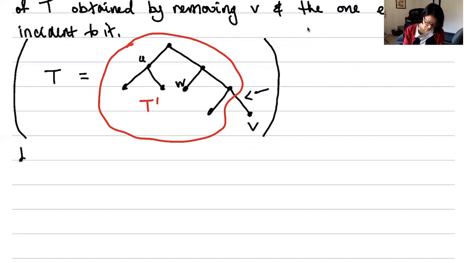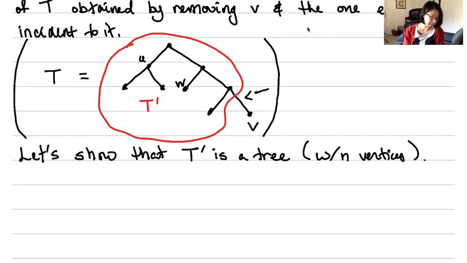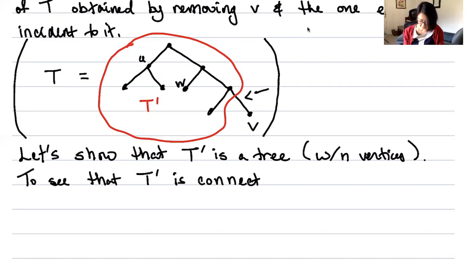So let's show that T prime is a tree. And we can see, since we removed one vertex, it would have n vertices. To see that T prime is connected, let U and W be any vertices that are in T prime.